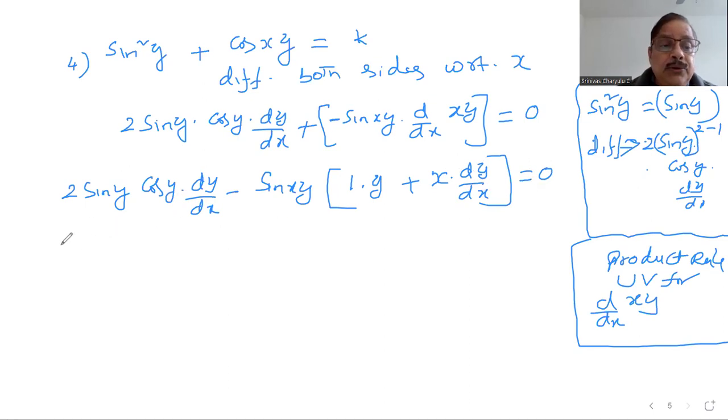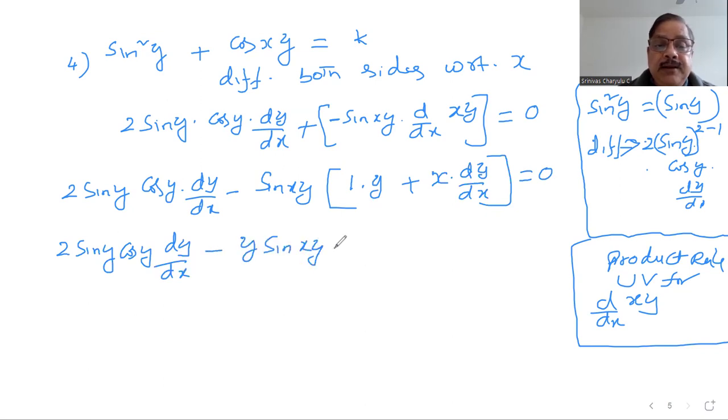So now 2 sin y cos y dy by dx minus y sin xy minus x sin xy dy by dx. Just multiplication inside: minus y sin xy, then minus x sin xy dy by dx.